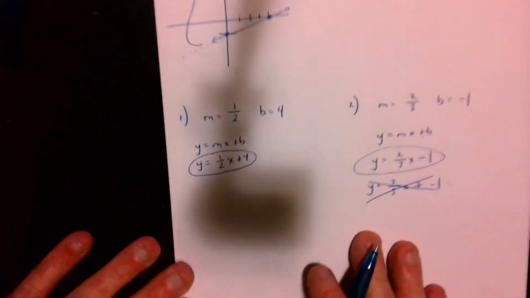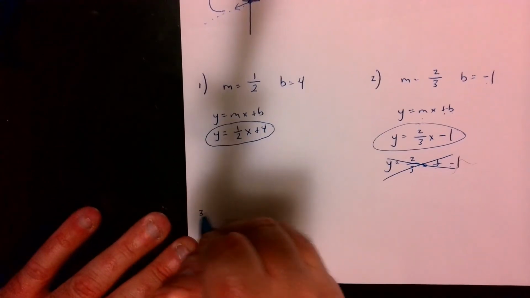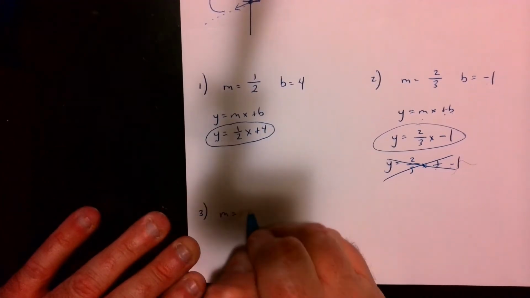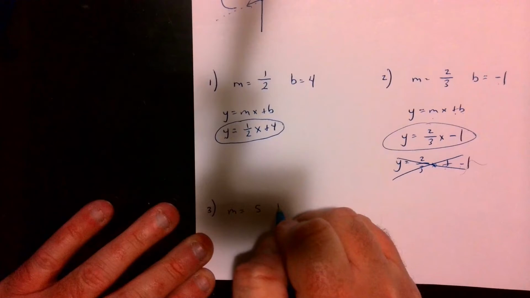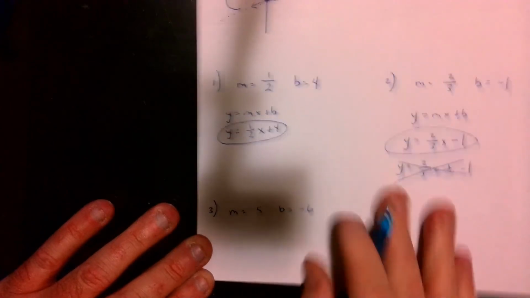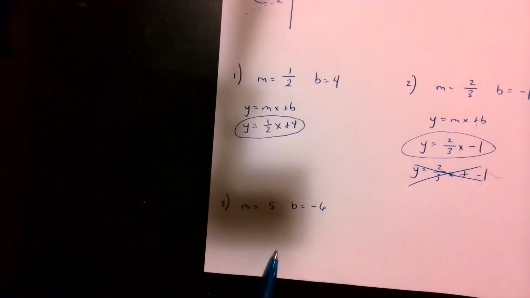Okay, so I want you to try one real quick. So your slope is 5 and your b is -6. Write that into slope-intercept form real quick.